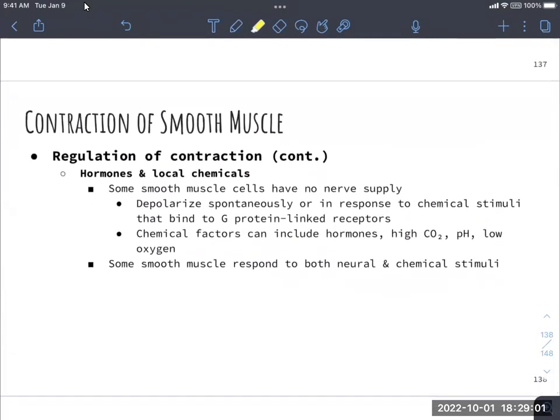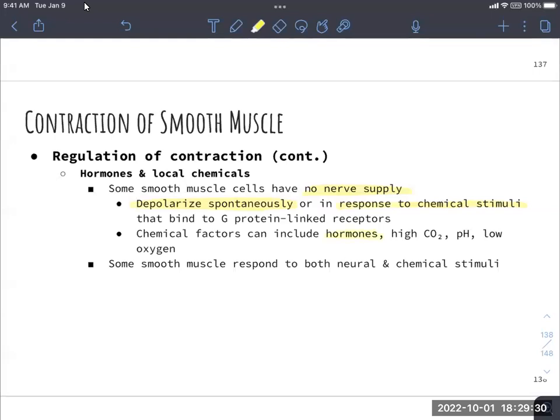Some smooth muscles don't have any nerve supply. That's where we have those pacemaker cells, because they depolarize spontaneously. Those pacemaker cells are going to allow those muscle cells to contract and spread those contractions from cell to cell to cell. Or they could depolarize because of a chemical stimulus, like our hormones.